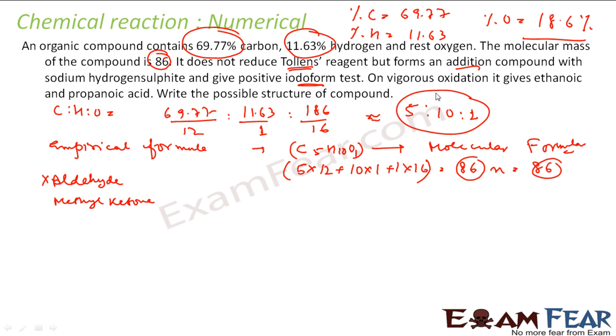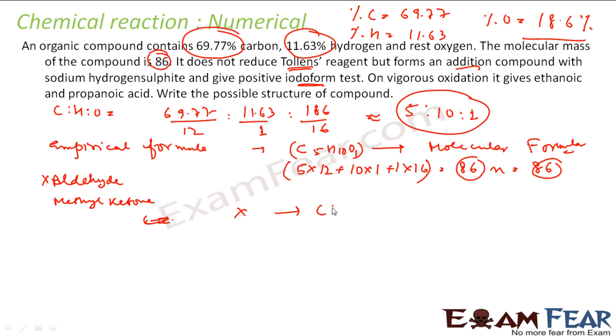On vigorous oxidation, it gives ethanoic and propanoic acid. That means on one side it is the ketone, something like this, methanoic and ethanoic.